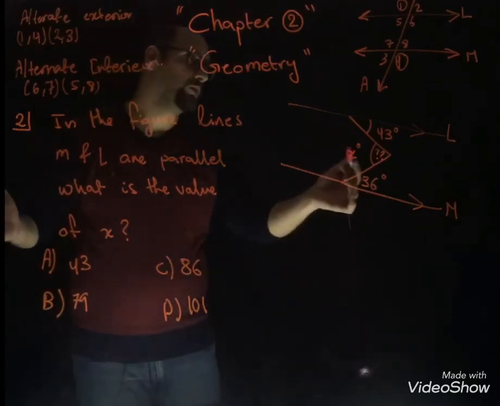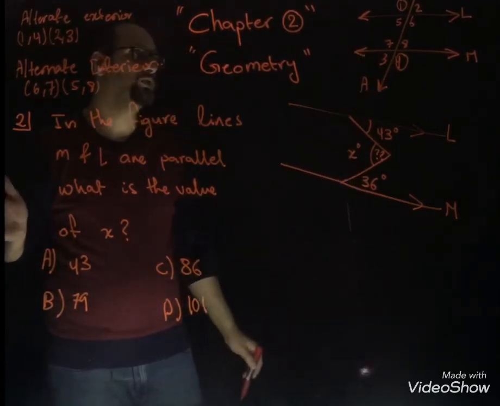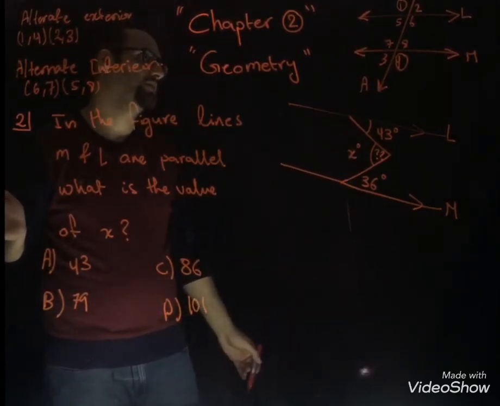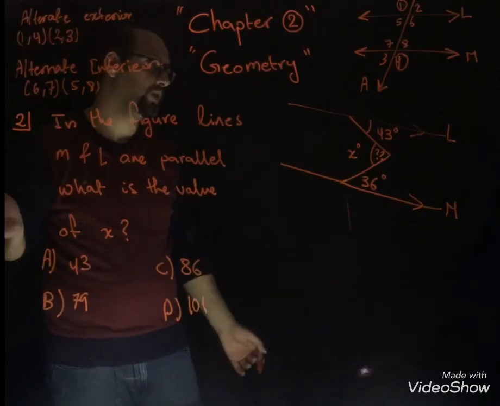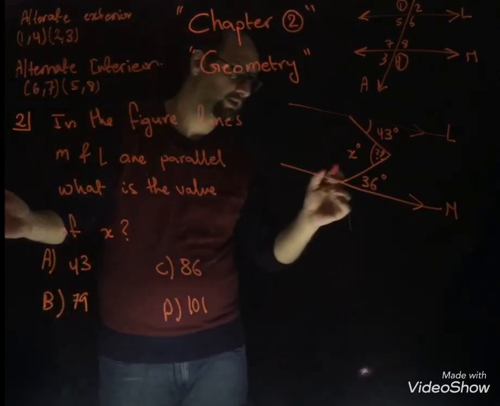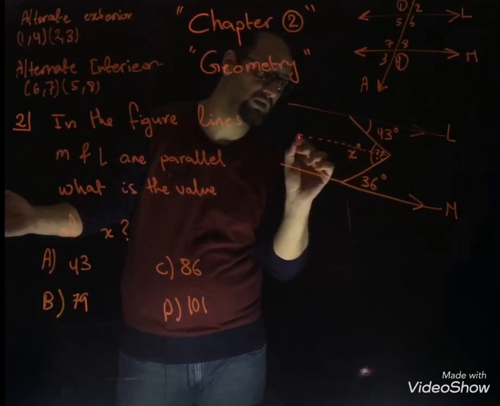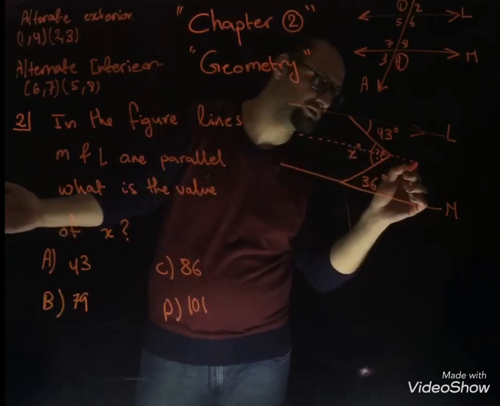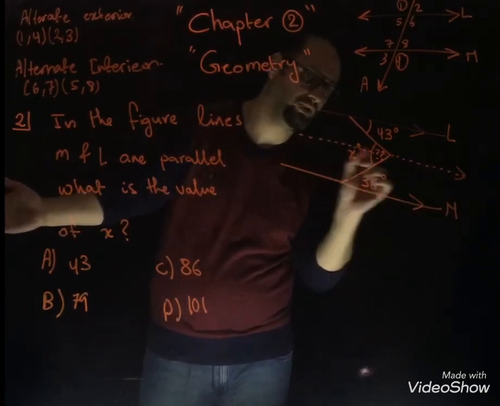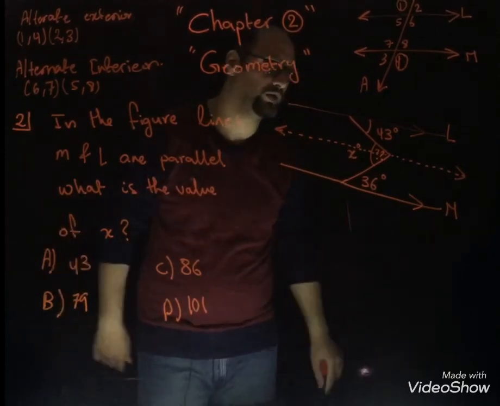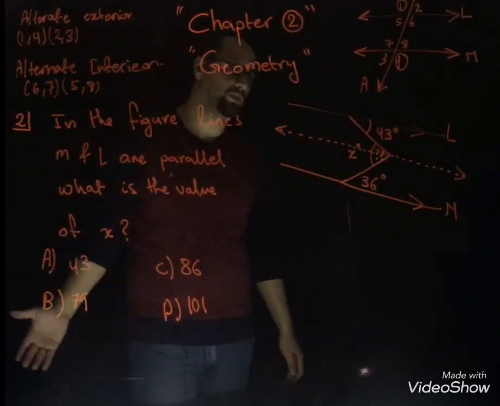So here we don't have this shape. Okay, I can make a new line here, an extra line like this, right? Okay, what can we get from this line?